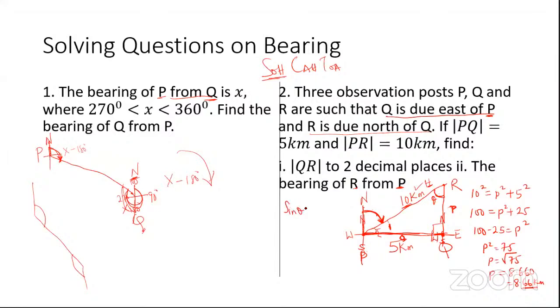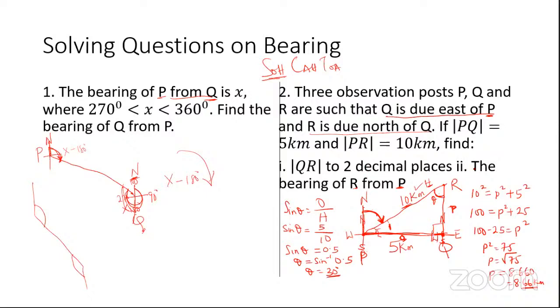Sine theta equals opposite over hypotenuse. Sine theta, that theta we are looking for, equals our opposite, which is 5, over our hypotenuse, which is 10. So sine theta equals 5 over 10, which gives us 0.5. If you check sine inverse of 0.5 on your calculator, it gives us 30 degrees.